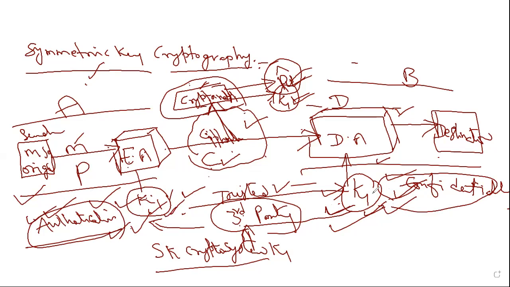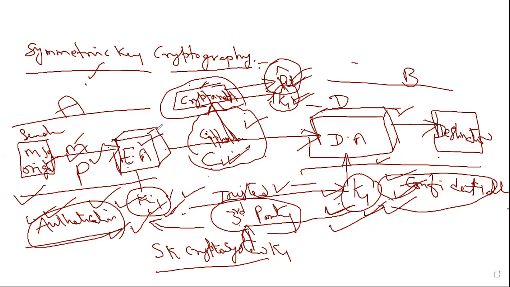Here, what are the terminologies we come across? I told you in the previous video, right? One is plain text. What is plain text? The original message is plain text. Another one is ciphertext. What is ciphertext? The converted message is ciphertext. Then the sender and receiver must be present.